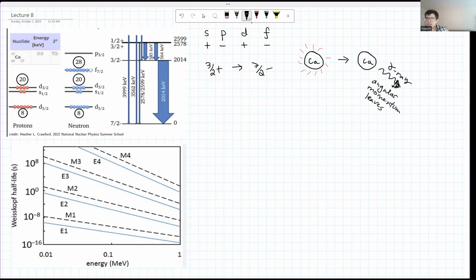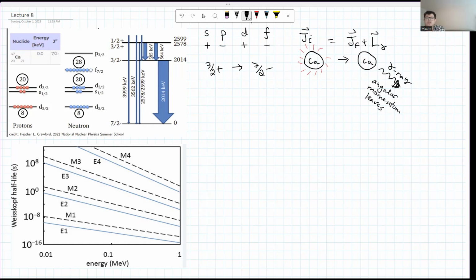And of course, there's conservation of angular momentum. So we know that if this guy was in some initial angular momentum state J_i, then that has to be equal to the angular momentum of the final state plus the angular momentum of the photon, which I'm going to call L. That's sort of common notation, but I'm going to put a little gamma subscript to remind us it's the photon that has that angular momentum.